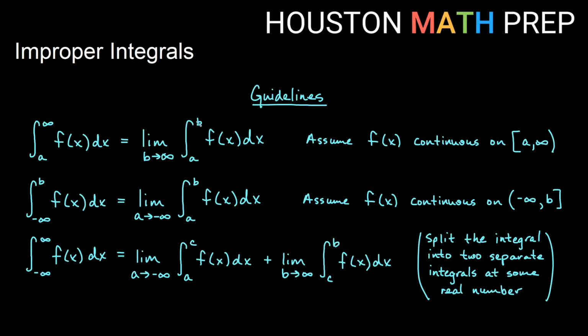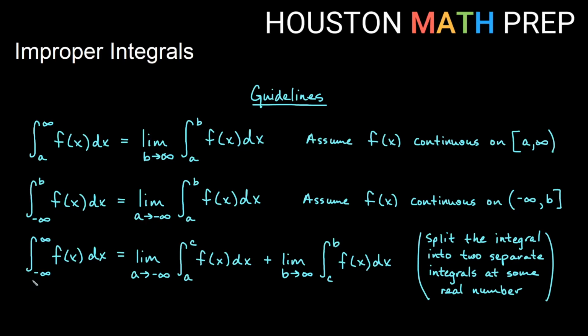So I plug in f of something and I imagine what happens as that thing gets really large, as it tends toward infinity. Also, if we have a negative infinite bound, we'll do the same thing. We'll sub in a dummy variable for the lower bound and consider what happens as that goes more and more negative toward negative infinity. Of course, we'll assume that the function is continuous on the interval that we are trying to find this definite integral.